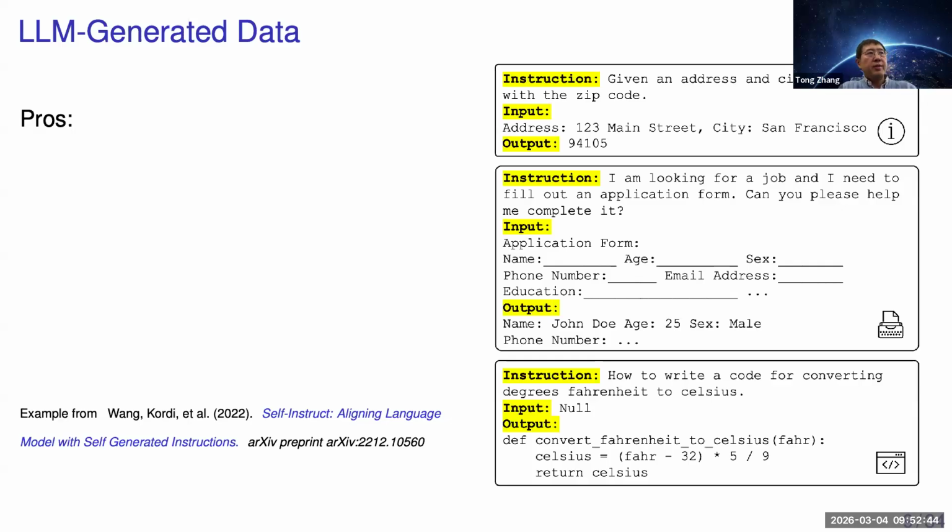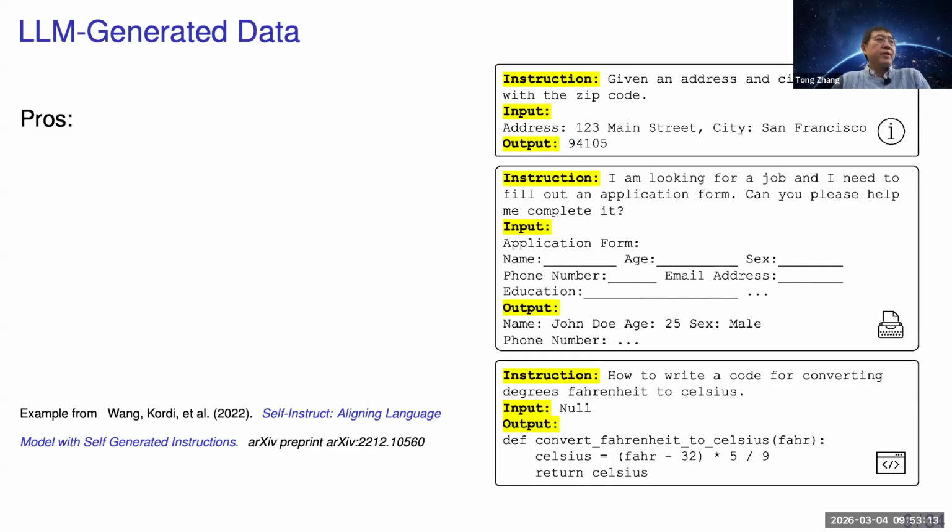We will talk about more details. Generate the instructions, and we can also talk about generating inputs. In fact, we'll go through this paper later on. You can also have code segments, write whatever code, and so on. So basically, all these instructions you use the LLM to generate, and then you use that.